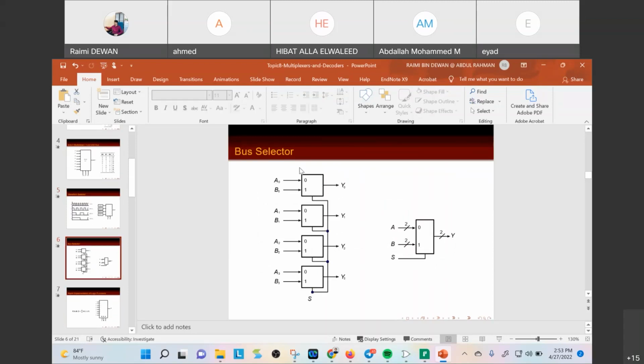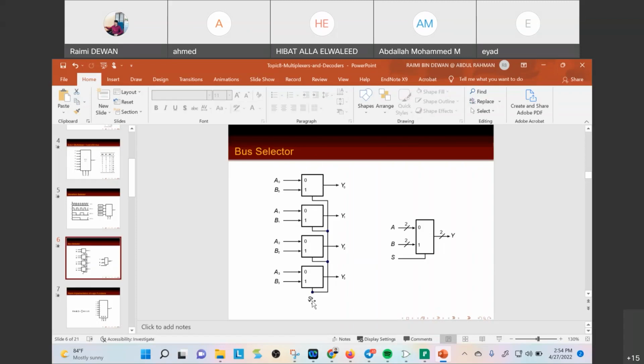Then the next is a situation where we have many outputs, however we don't have a bigger multiplexer, so we can cascade several smaller multiplexers to achieve more outputs. So you see here, we have 4 multiplexers of 2 to 1, or 1 out of 2.